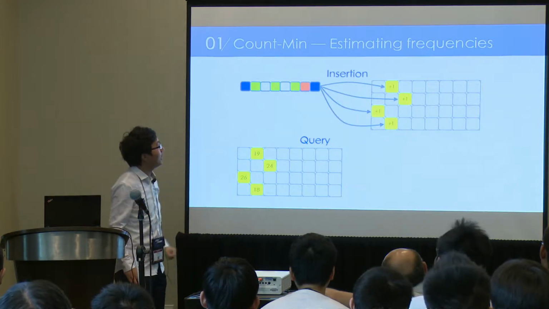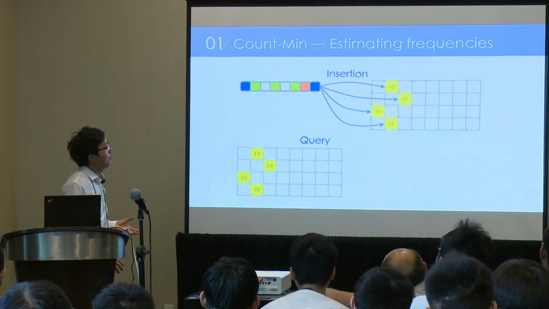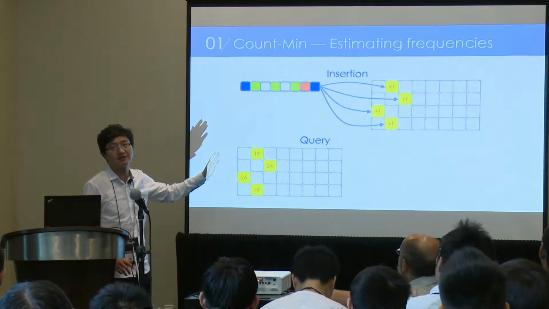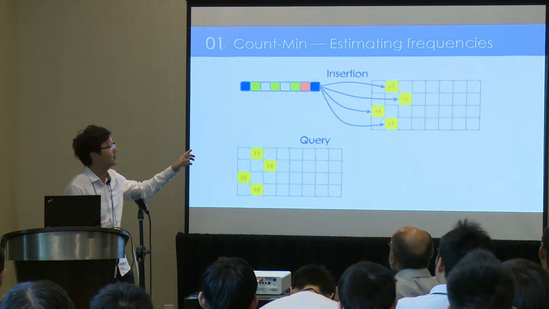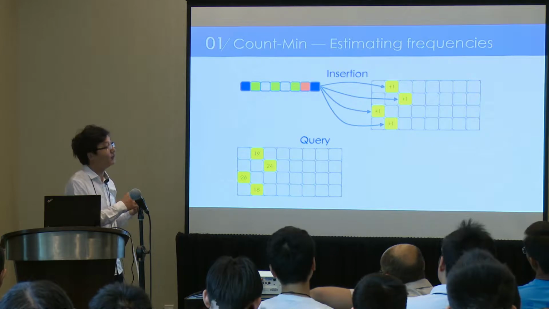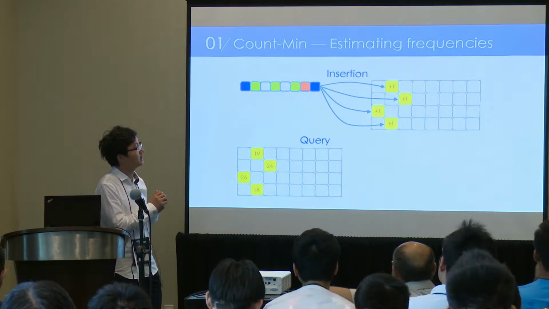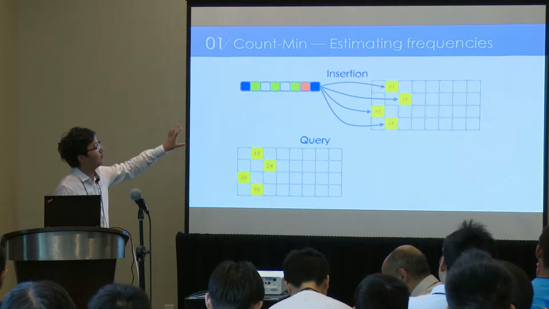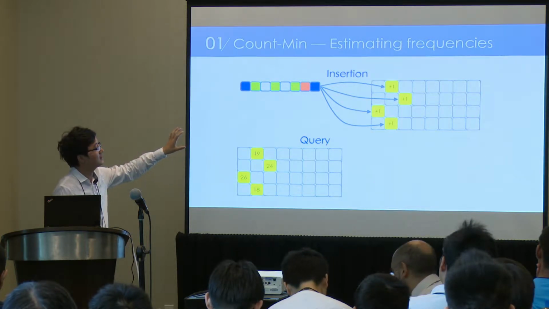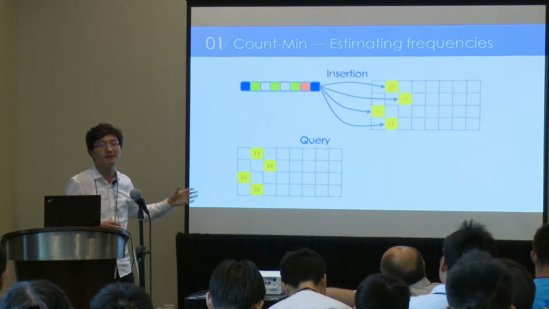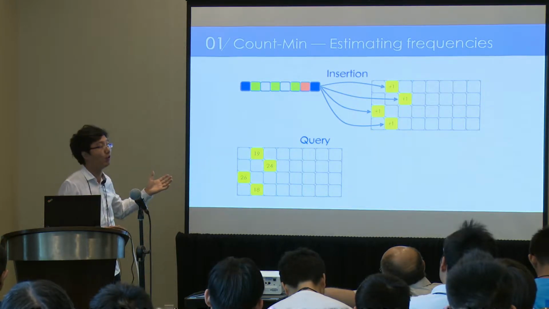When the blue item arrives, we compute 4 hash functions to locate 4 counters. There are 4 arrays in this example. Each array is associated with an independent hash function. So for this insertion, we map it into 4 counters and increment all the 4 counters by 1.